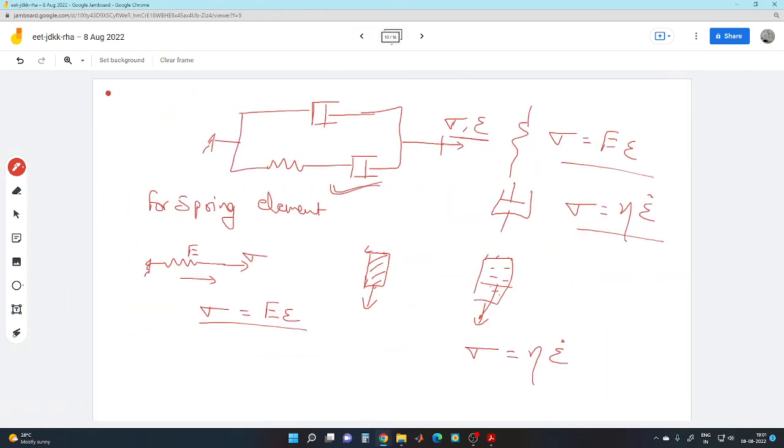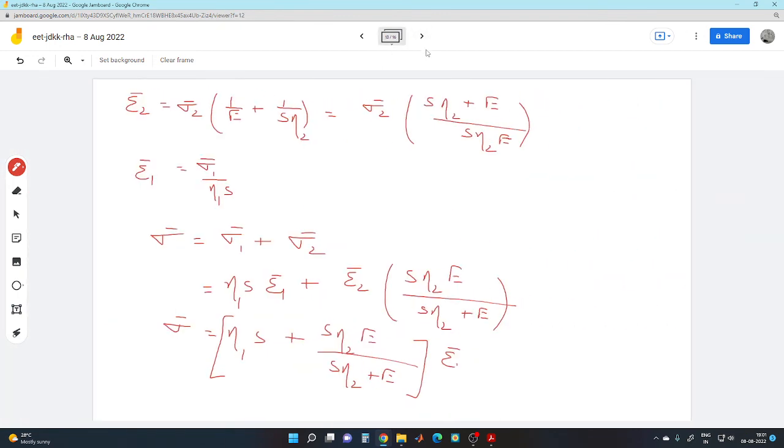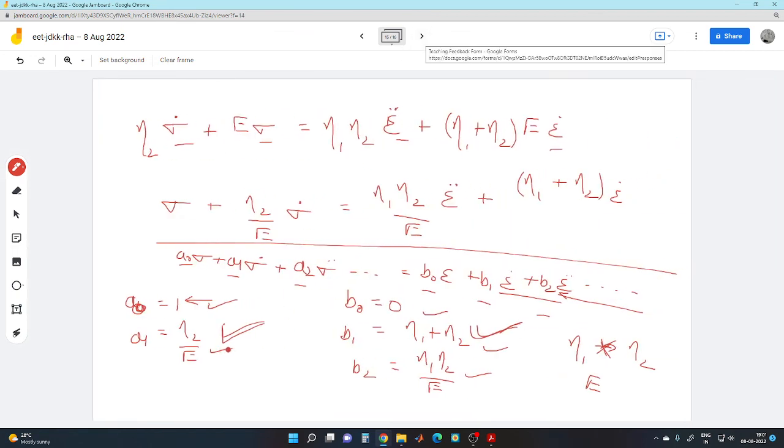This is one example system, which is called SLF, the standard linear fluid. What they do is they use a spring and damper element. This has loss factor eta 1, this has loss factor eta 2, and this has elasticity E. And what they do with that is they get these values.